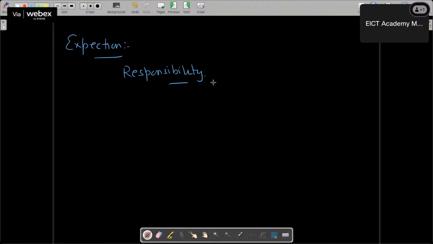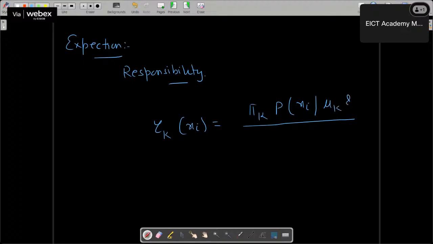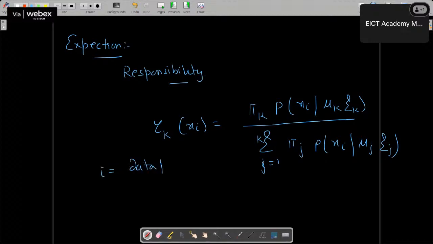The formula of responsibility, gamma of k for x of i, is one big formula: pi of k times the probability of x of i given mu k and sigma k, divided by the sum over j equal to 1 to k of pi j times the probability of x of i given mu j and sigma j. Here i is the data point and k is the Gaussian distribution.